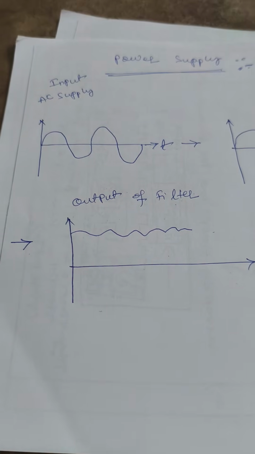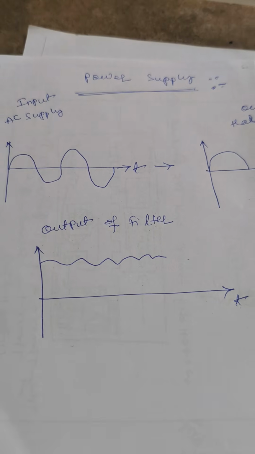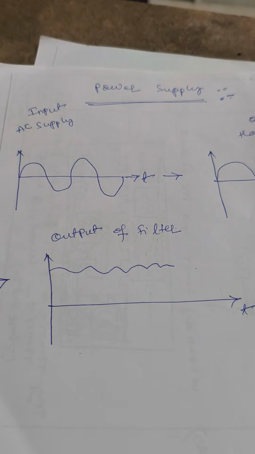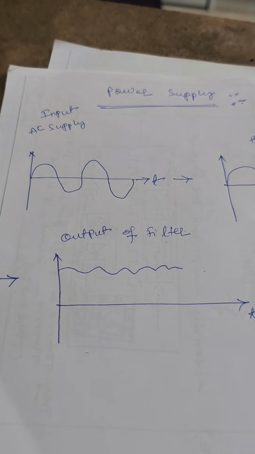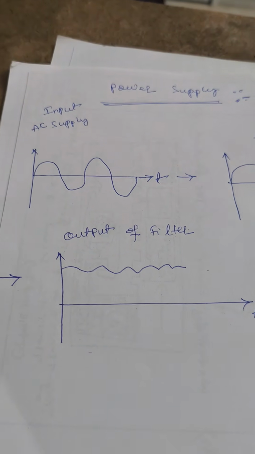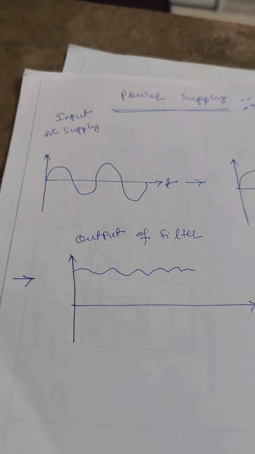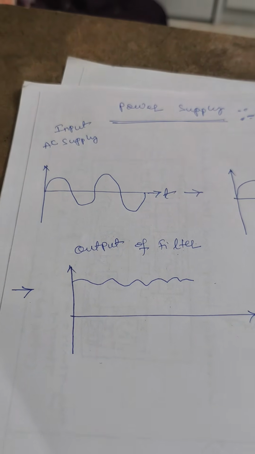We already know the principle of generation of electricity: mechanical energy is converted to electrical energy. An armature is placed in between magnetic fields. By rotating that armature, due to cutting of magnetic lines of force, the electromotive force, EMF, is generated.